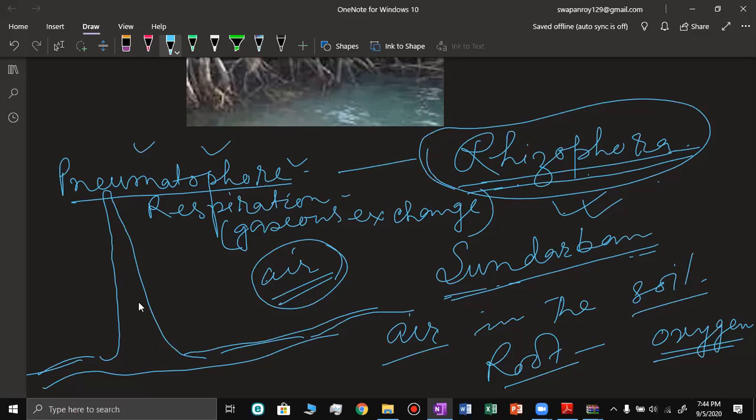This is apogeotropic, which means they grow against the gravity of the earth, and these aerial branches have small pores.